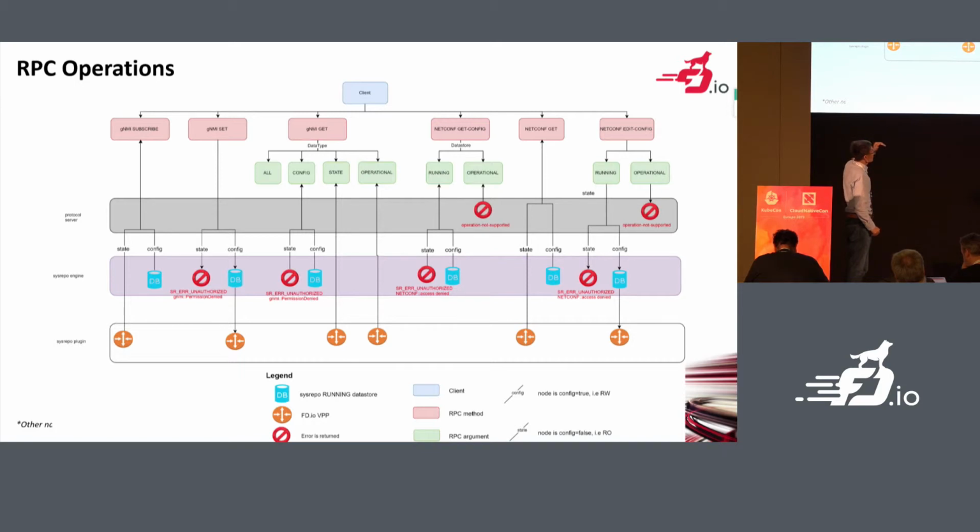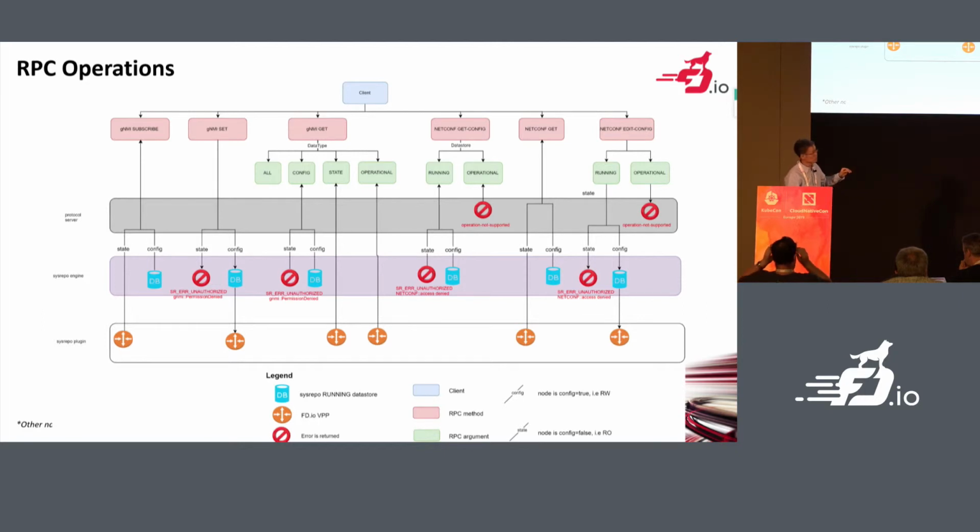So we can see the green anchor is the RPC argument. For the gNMI get, it has three different parameters. One is the OR, which means we need to get the configuration or state. And another is the configuration or state operational.